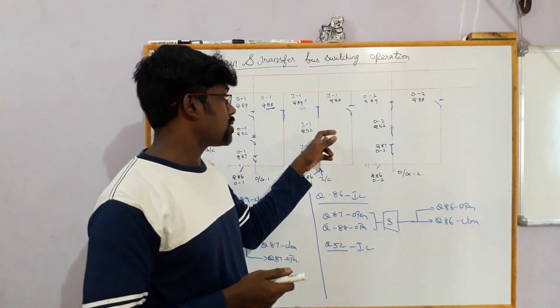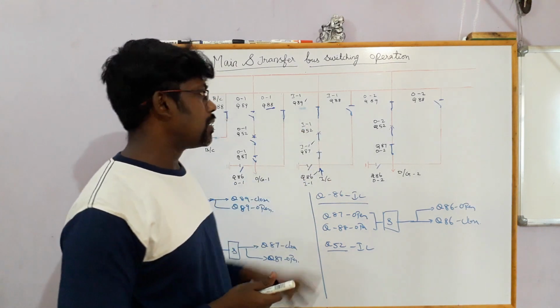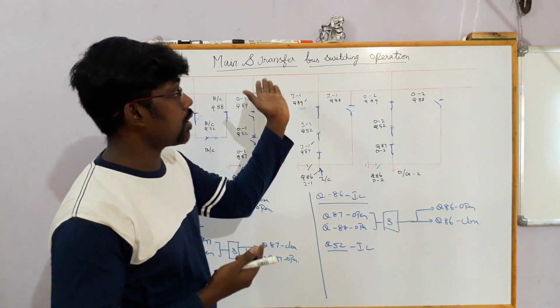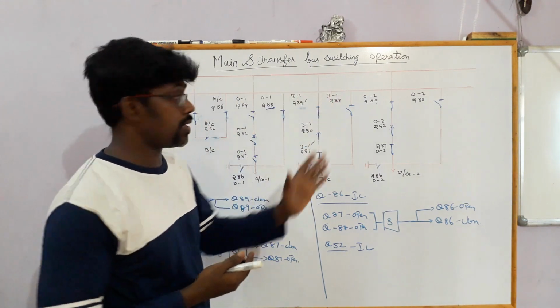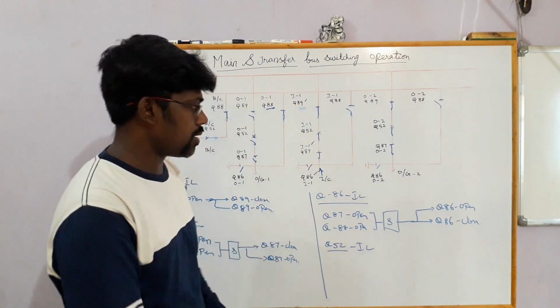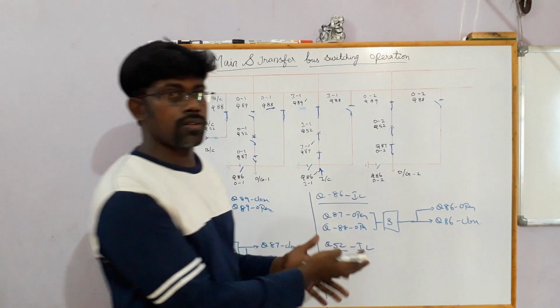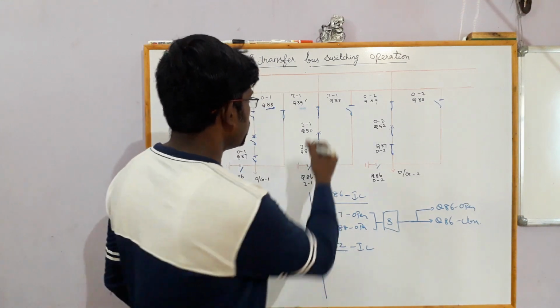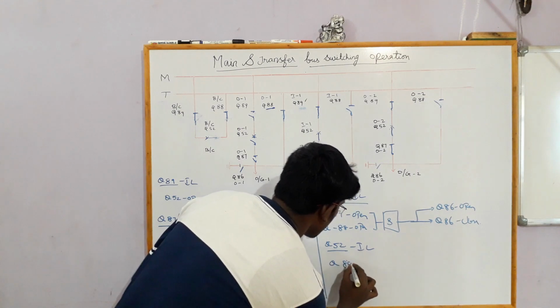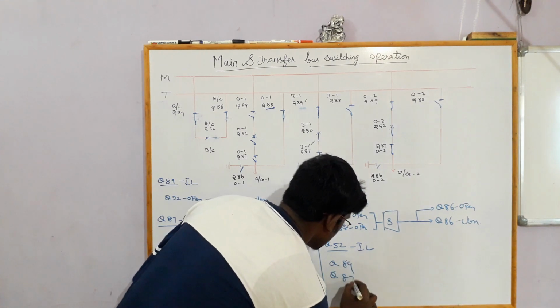Before closing this, these two have to be closed. You can see the bus coupler, and you can see here when we see the switching operation, first we will close this isolator, then only we will go for closing this breaker. That is the interlock. These two have to be in close: Q89, Q87.